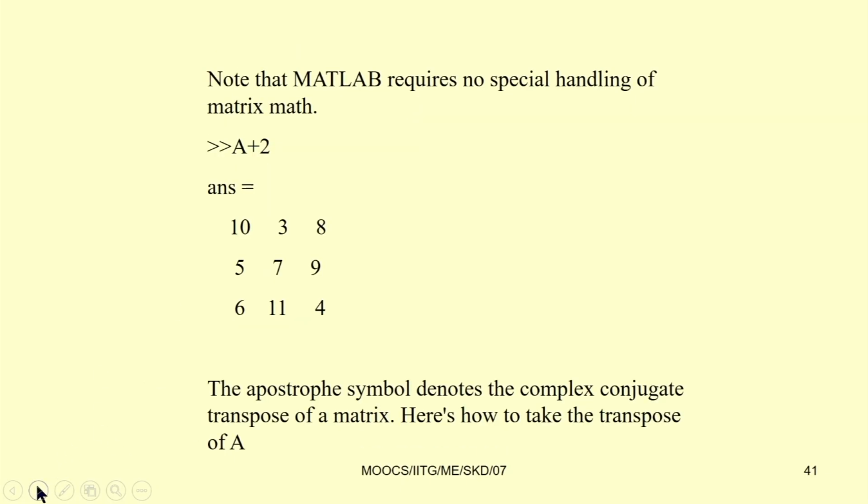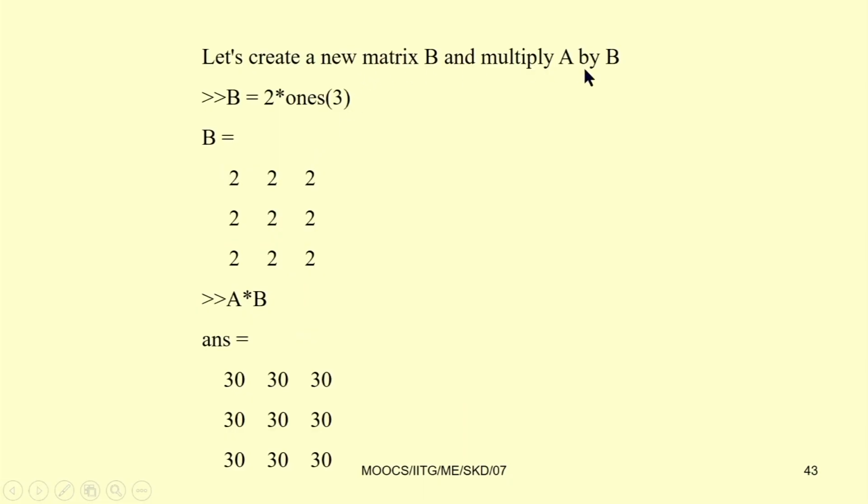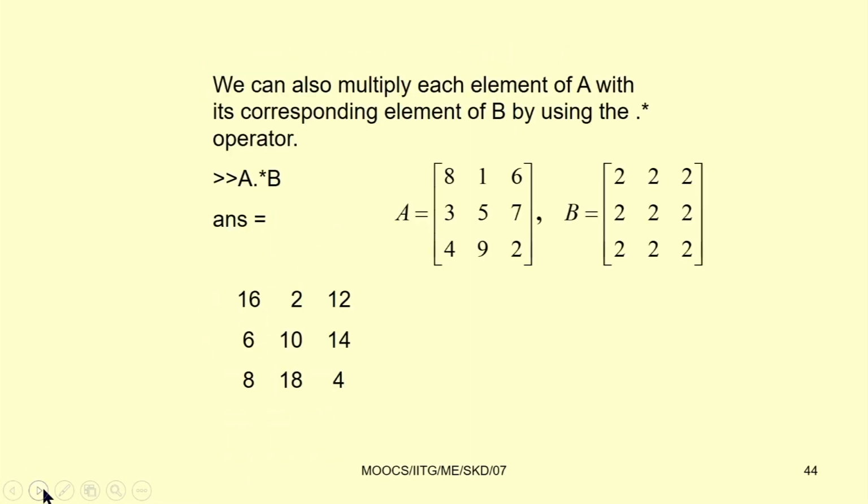Simple matrix operations you can also learn. For example, a plus 2 will add 2 to all the elements. Then transpose: just by putting a dash, you can have the transpose of that matrix. Then you can create any other matrix, for example 2 into this, A cross B, with A matrix and B matrix.